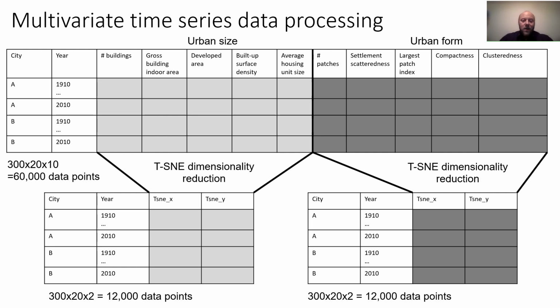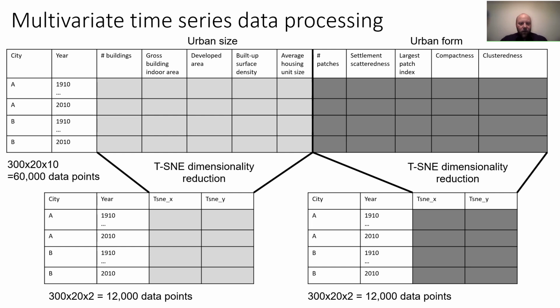There are other methods, such as UMAP. In machine learning jargon it's also called a manifold learner, because it learns how to map a multivariate system into a lower dimensional space. We do this separately for the size-related and the form-related characteristics, so we reduce the data from 60,000 data points to 12,000 data points for the size-related and 12,000 data points for the form-related characteristics.